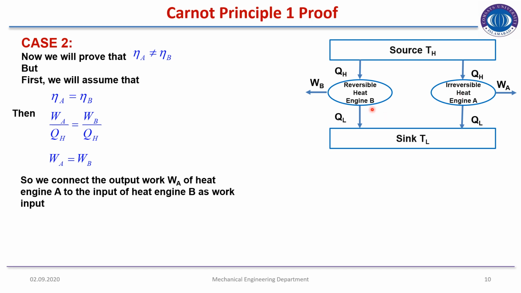As that is a reversible heat engine, we change direction, and similarly it will become a Carnot refrigerator, and it will require work, and both of these works are equal. Therefore we feed the output of heat engine A into heat engine B, and W net is equal to 0 because both are equal.